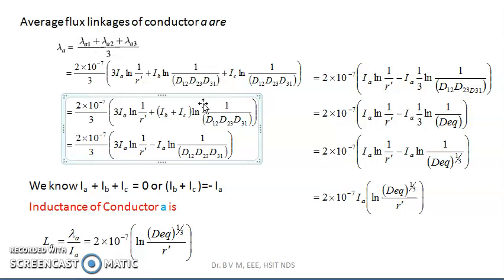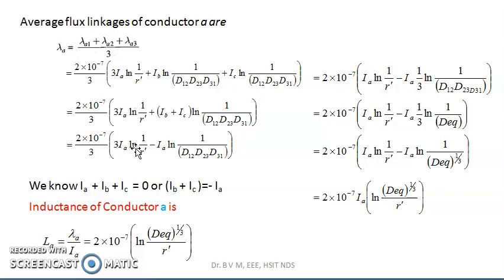So IB plus IC. You know that in a balanced system, IA plus IB plus IC is equal to 0, or you can say IB plus IC is equal to minus IA. So IB plus IC is substituted by minus IA. Now I have taken this 3 inside. So 2 into 10 raised to minus 7, this 3 gets cancelled.